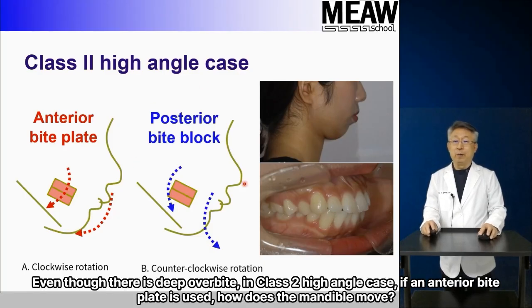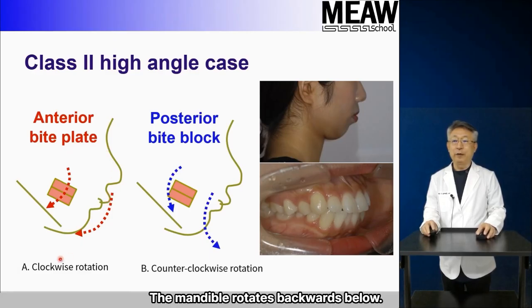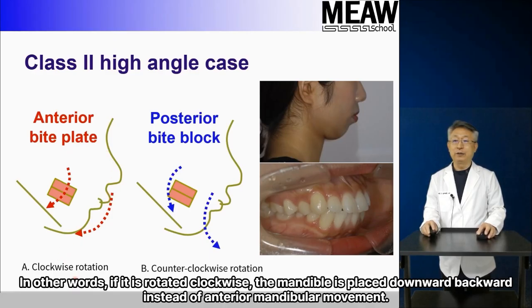Even though there is deep overbite, in Class 2 high-angle case, if an anterior bite plate is used, how does the mandible move? The mandible rotates backwards below. In other words, if it is rotated clockwise, the mandible is placed downward backward instead of anterior mandibular movement.